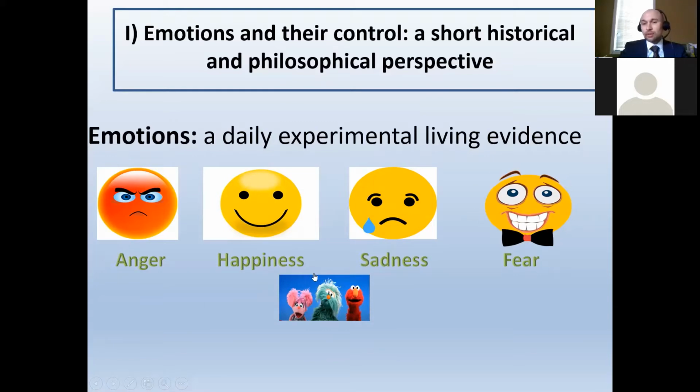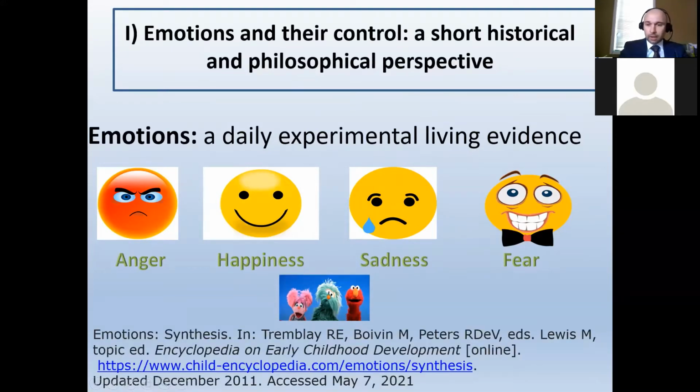There's a classical song for kids, but I'm not playing it right now. If you want more in-depth thoughts about emotions, I can recommend the Encyclopedia on Early Childhood Development.